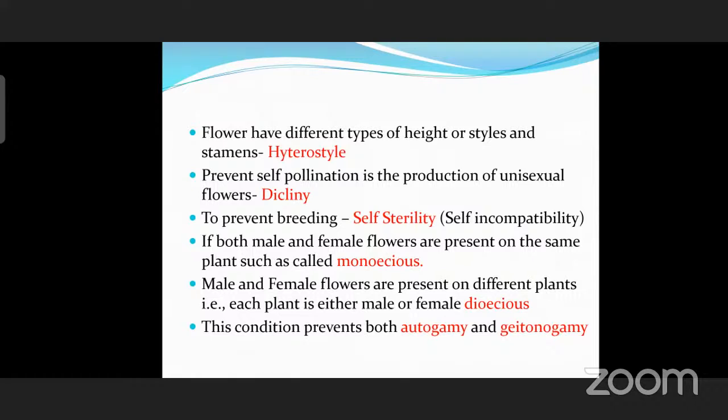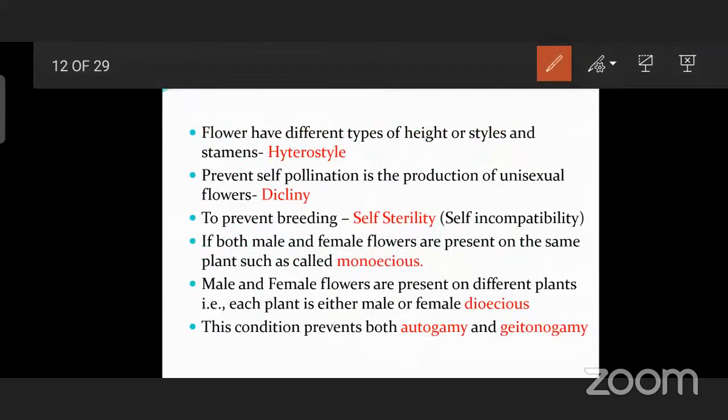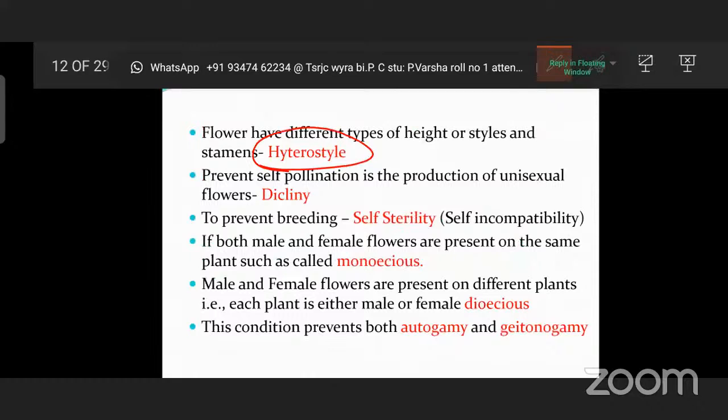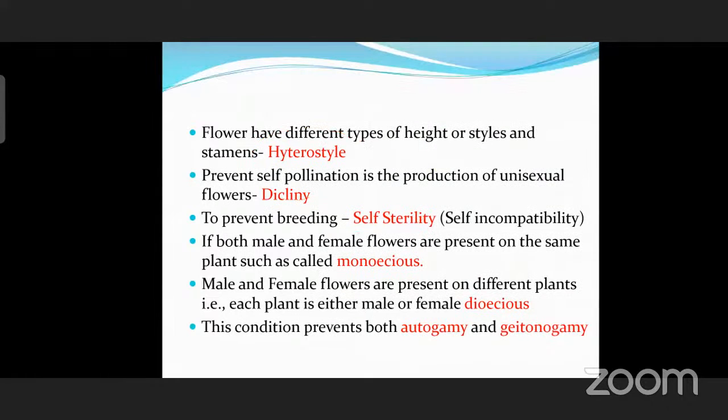Third device, heterostyly. Flowers have different heights of the styles and stamens. Fourth device, declining. And fifth, the last one, self-sterility. These all discourage self-pollination and encourage cross-pollination.